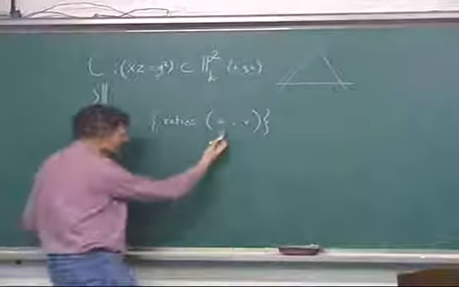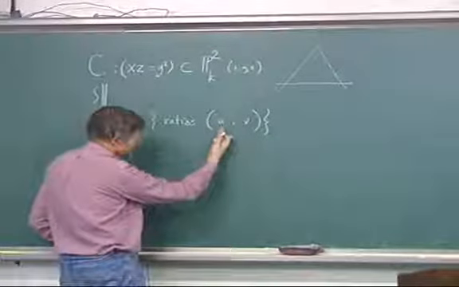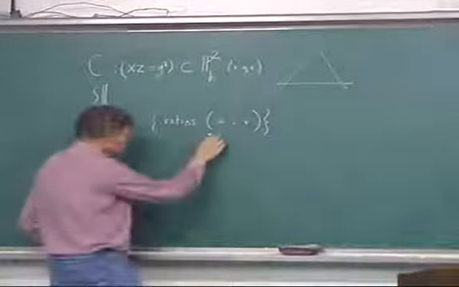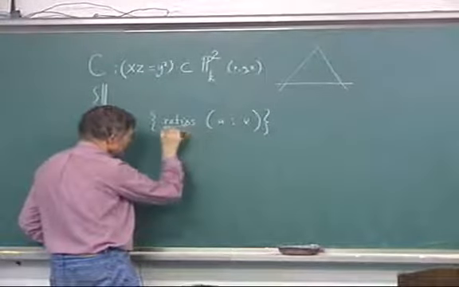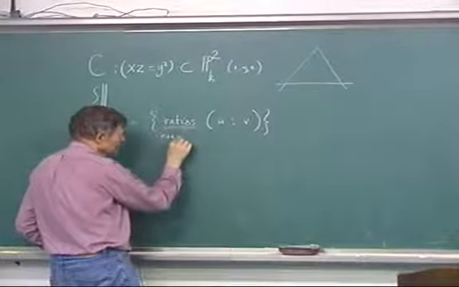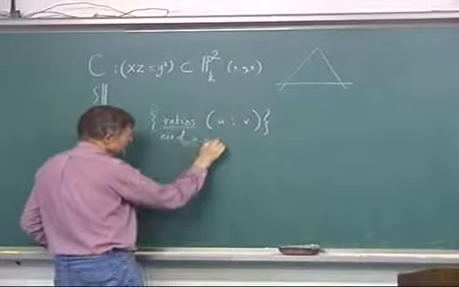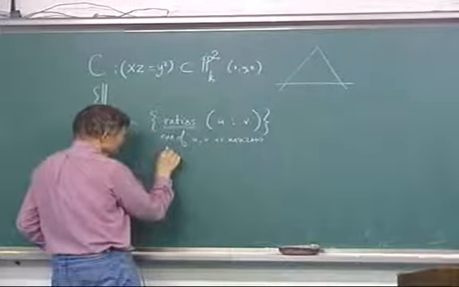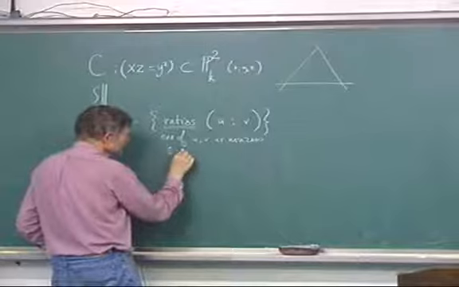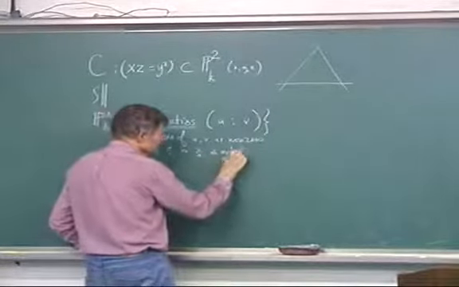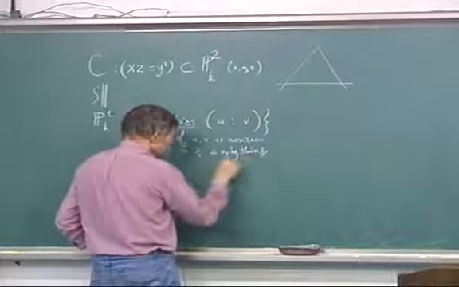So exactly as in the last lecture, when the definition for usual projective space, saying ratio means that one of u, v is non-zero, and that u over v or v over u is the only thing we care about.